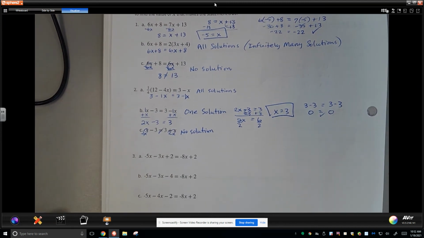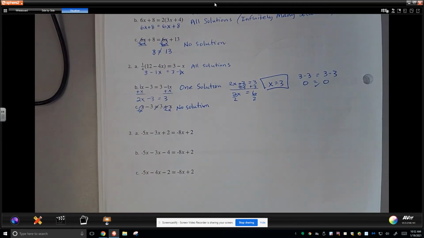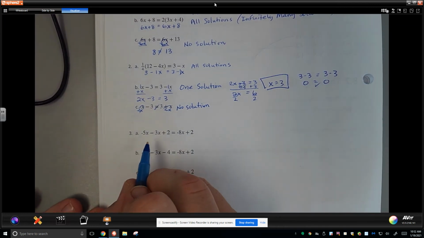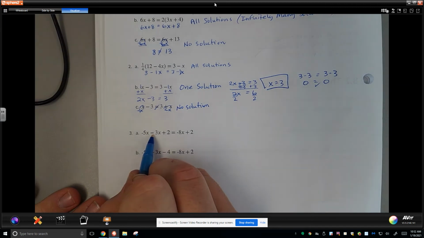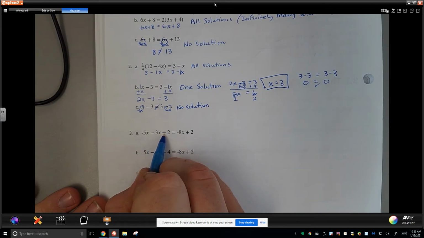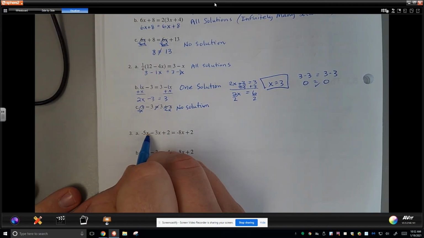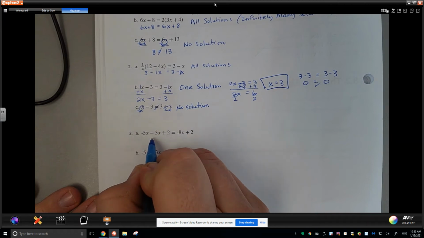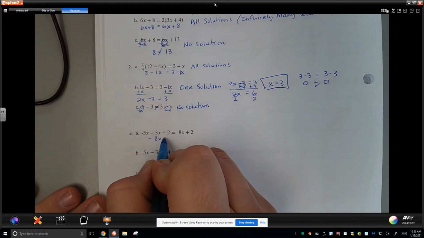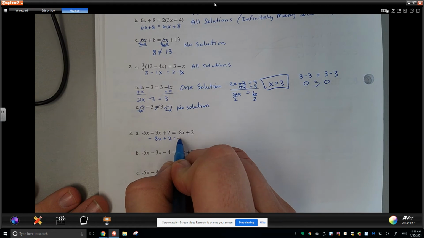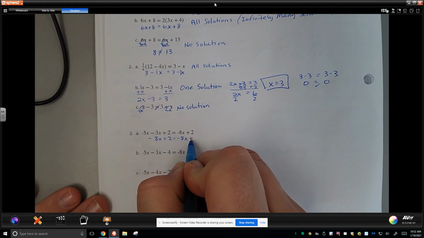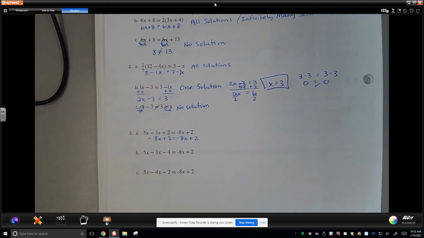Okay. The final one, I want to leave that one to you, but I don't want to leave you completely hanging. I'm going to simplify a few things. -5 times x minus 3 times x plus 2. I know a -5 times x minus a 3 times x is a -8 times x plus 2 is equal to -x, 8 times x plus 2.